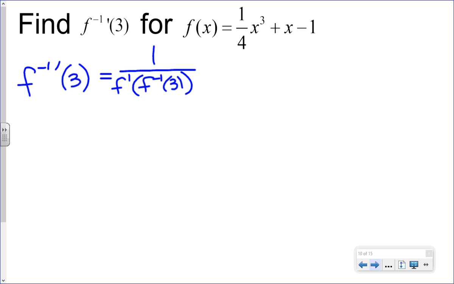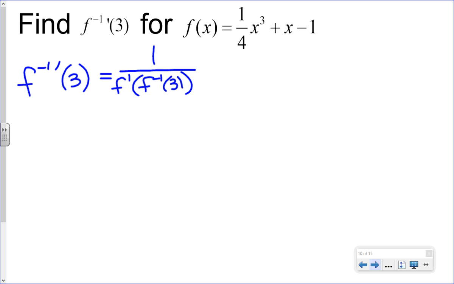That's simple. And we need f inverse of 3. So let's first talk about f inverse of 3. Let me ask you this. If 3 is the x value for f inverse, that means 3 is what for f? It means it's a y value.